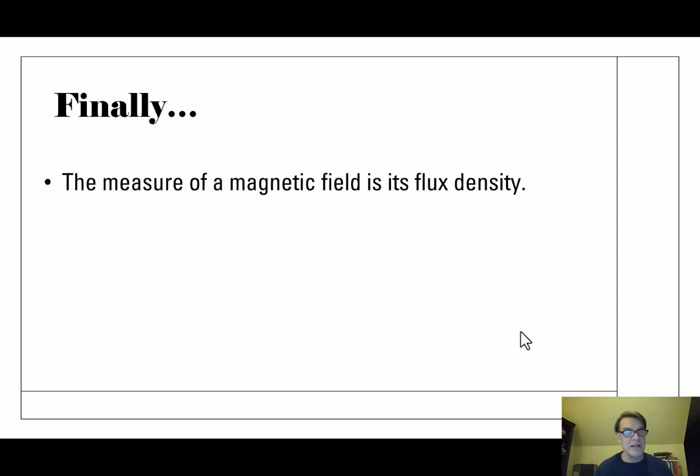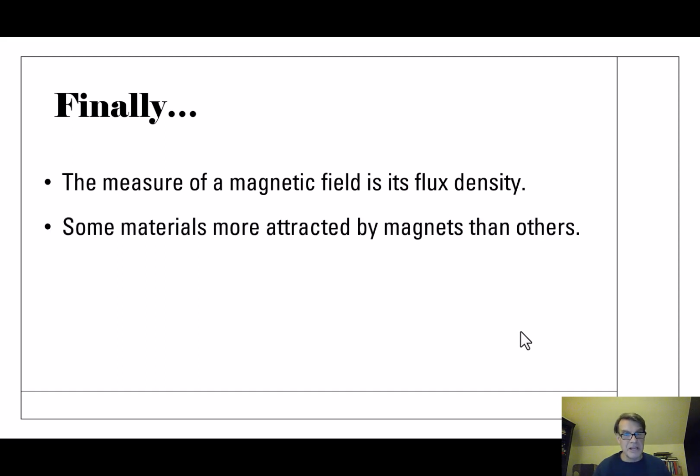Finally, a few odds and ends here. The measure of a magnetic field is its flux density. So if you're drawing it, the closer you draw the lines of magnetic field together, that's meant to represent a denser magnetic field and thus a stronger magnetic field. Some materials are more attracted by magnets than others. Plastic, not so much. Iron, very much so.